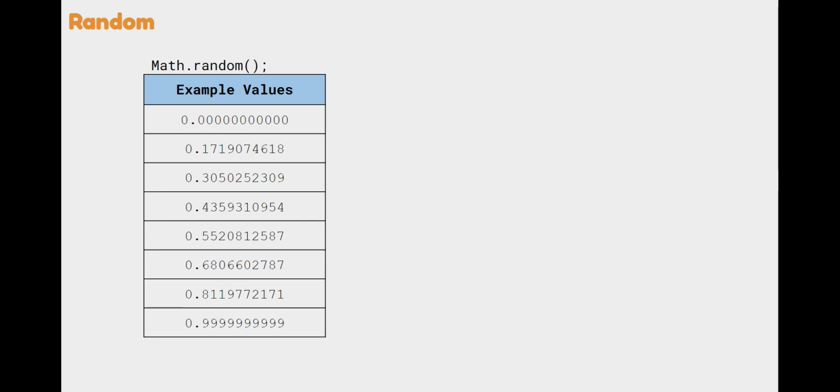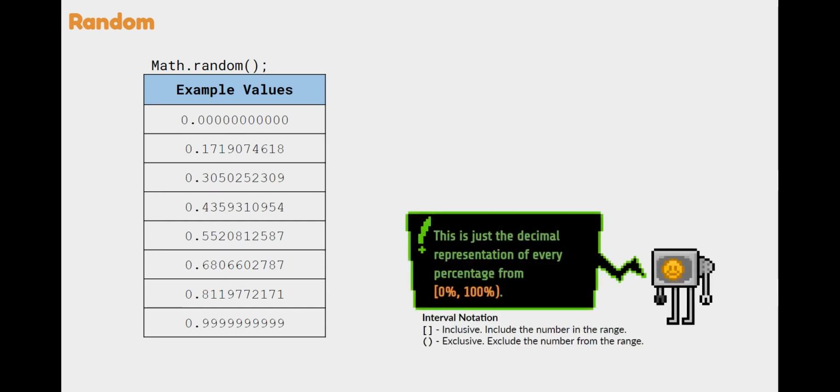If we look at those values closer, we will be able to identify them as the decimal representation of every percentage from 0 up to, but not including, 100. Which means to make this number useful, we can use it in a math calculation to help us get some numbers that we do want to use.